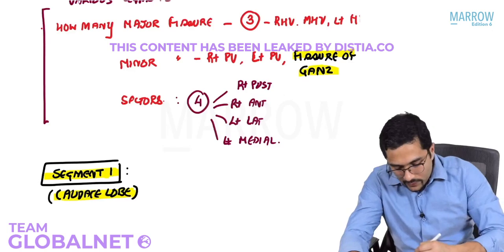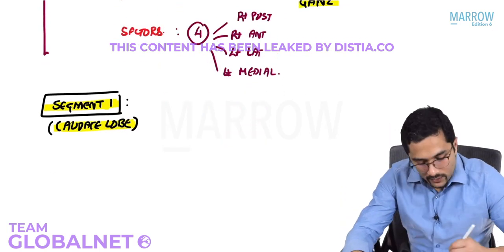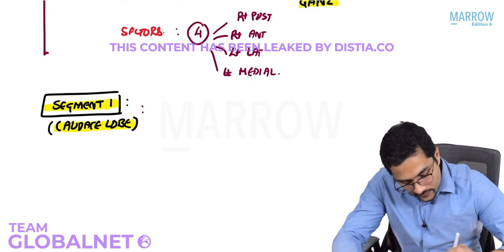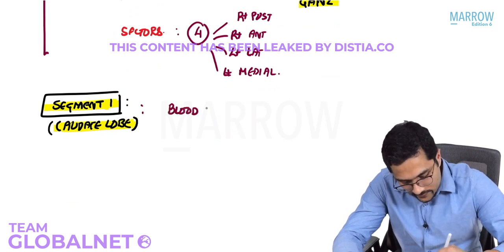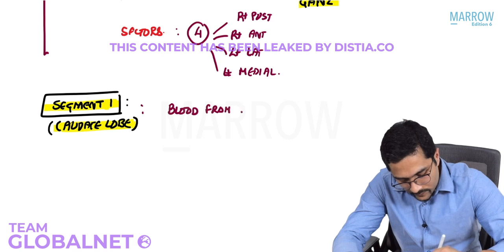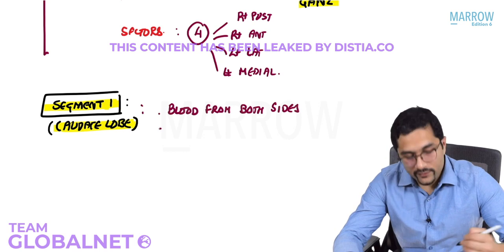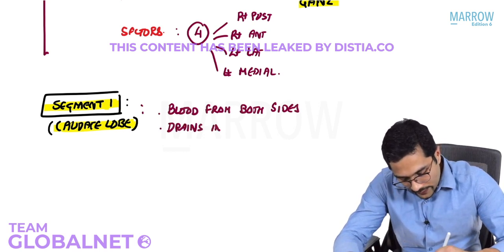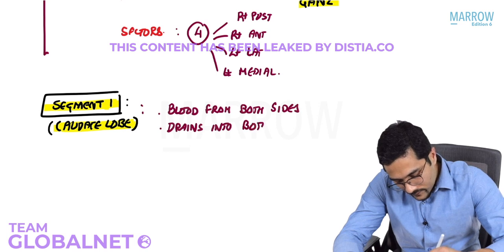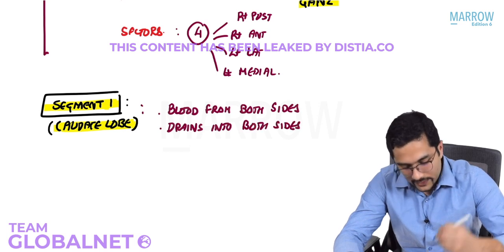Now, why is segment 1 an independent segment? Because it receives blood from both sides. It drains bile into both sides, that means right and left.